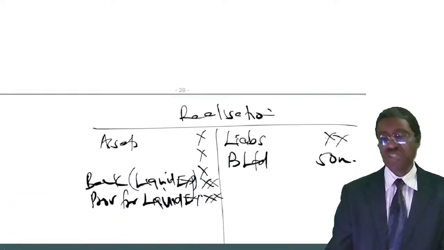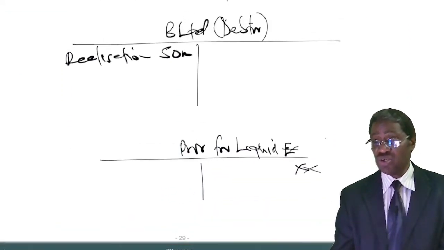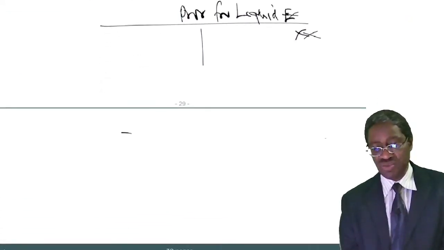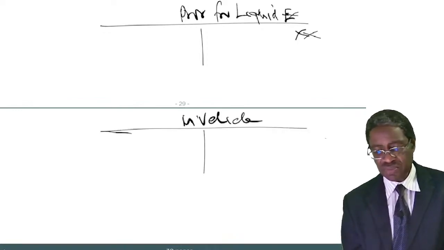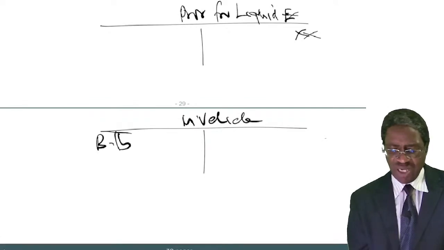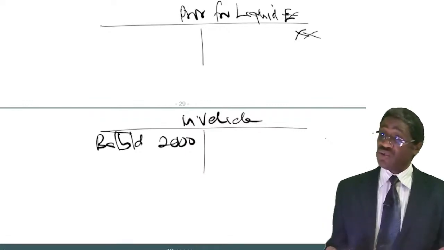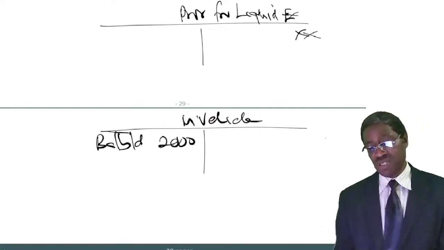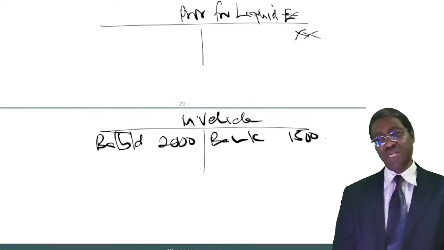You will debit cash, whichever the amount, and you will credit the asset. When you're selling that asset, let us assume it's motor vehicle, you will go to that motor vehicle account. Let us assume it has a book value, balance brought down, of 2 million. Then the question told you company A sold it for 1.5 million. So we debit bank and we credit the asset called motor vehicle by 1.5 million.